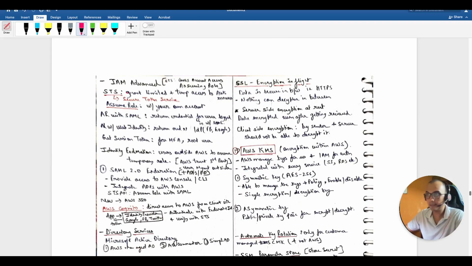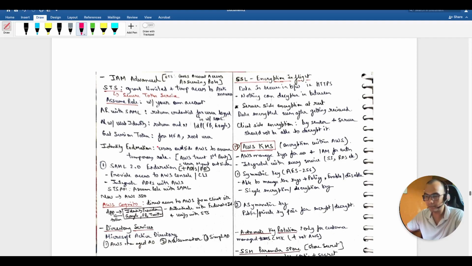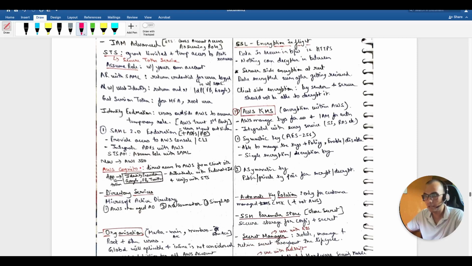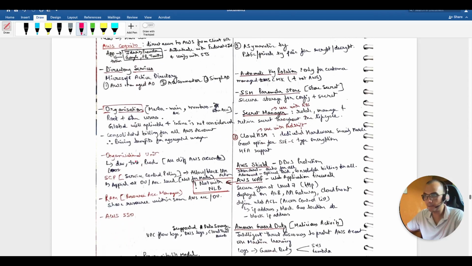Okay, here initially we learnt about IAM policies and everything. So this is an advanced version of it, and we are introduced to SAML Federation, Cognito, and what is an organizational unit. If we have multiple AWS accounts, how as an organization we are going to combine all those.